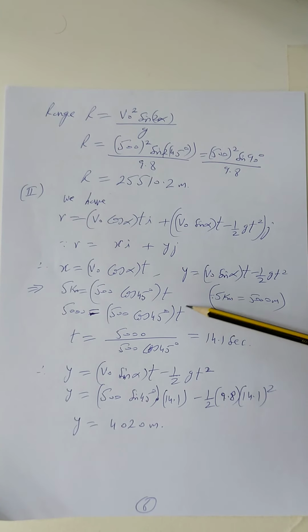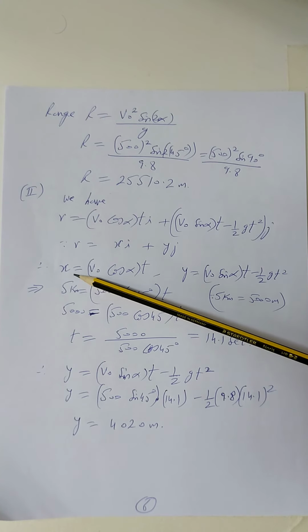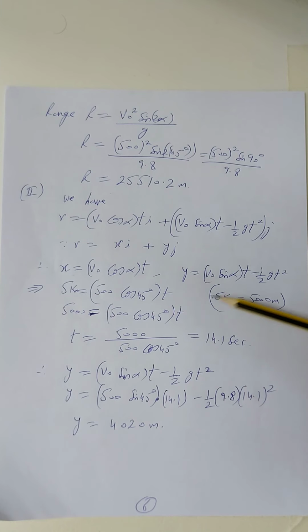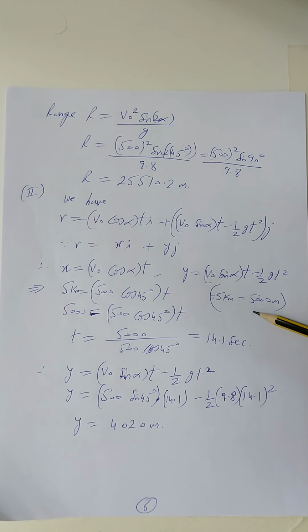Now in the question it was given: how high overhead will the projectile be when it is 5 kilometers downrange? So it means your x is given as 5 kilometers. Because the velocity was in meters per second and this is in kilometers, I must convert this into meters.